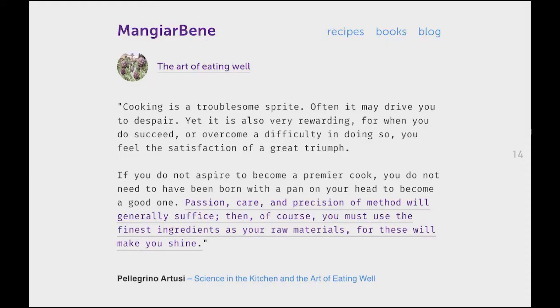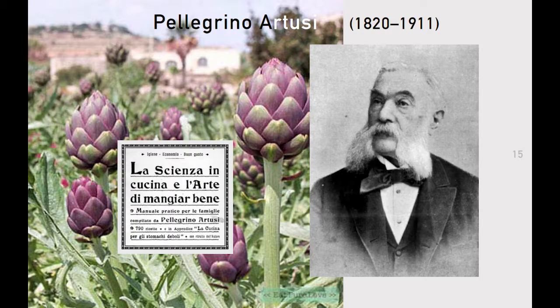For this demo, I designed a simple Jekyll website about cookbooks called Mangiar Bene, dedicated to the famous Italian businessman and writer Pellegrino Artusi. His book, Science in the Kitchen and the Art of Eating Well, is recognized as the most significant Italian cookbook and is still an inspiration for modern chefs.